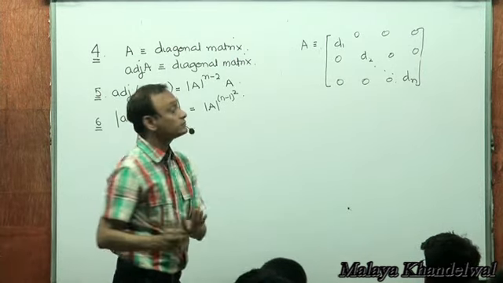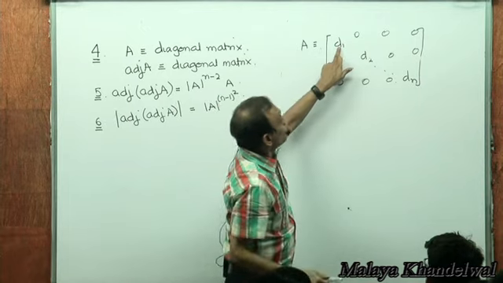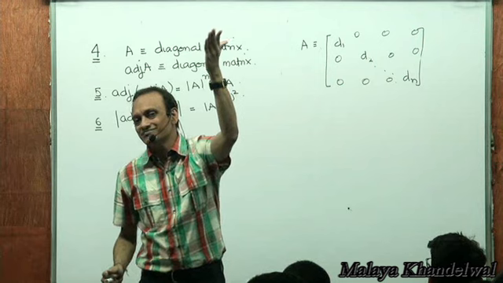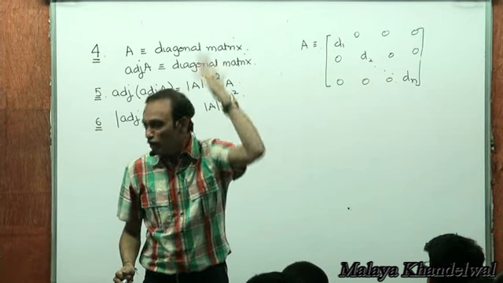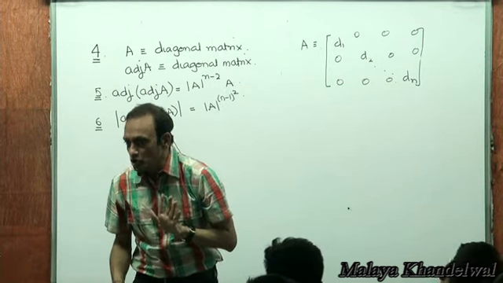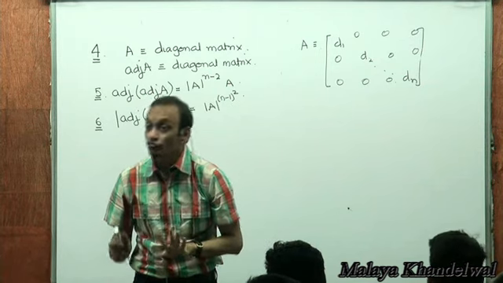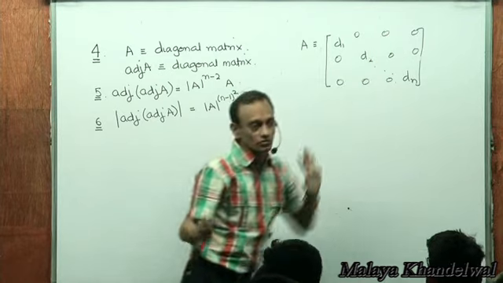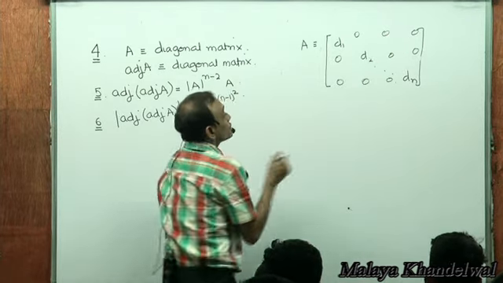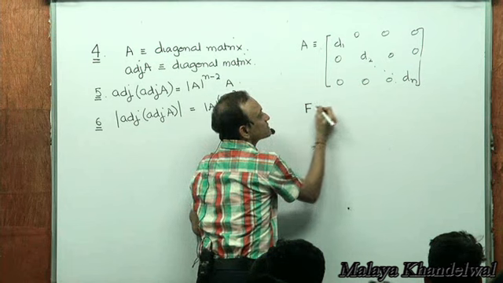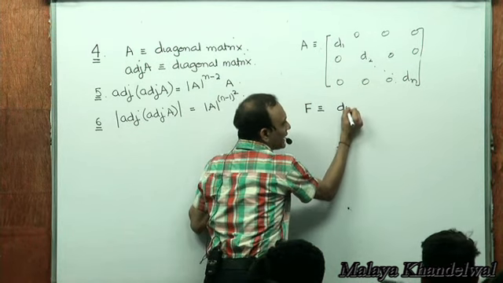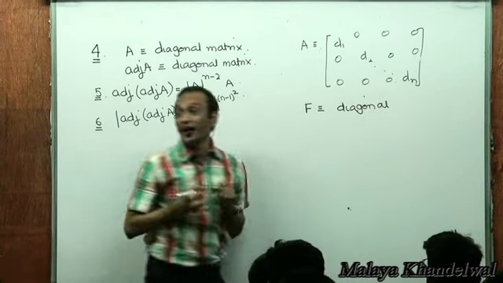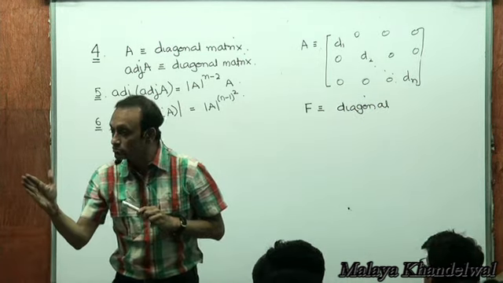Then only for the diagonal elements you will have non-zero cofactors, yes or no? For all other elements the cofactor will be 0 because it will get multiplied with 0, right? That means the matrix of cofactors will also be a diagonal matrix.